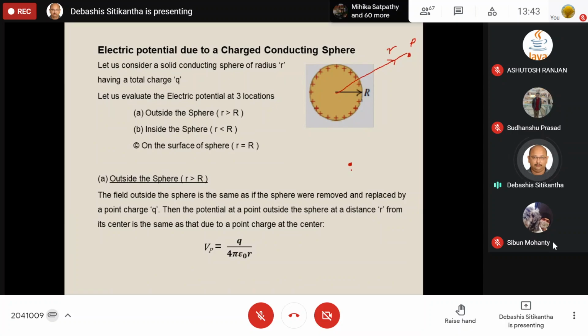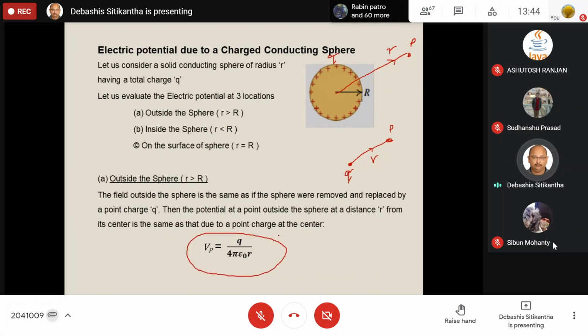So very safely, I can say this entire sphere of, let us say, charge Q dash is going to be replaced by a point charge carrying a charge Q dash. And I have to find the point P located at a distance of r from this point charge. I will just use the formula for a point charge, which is Q by 4 pi epsilon 0 r. So exactly the same expression is going to be applicable in this case.